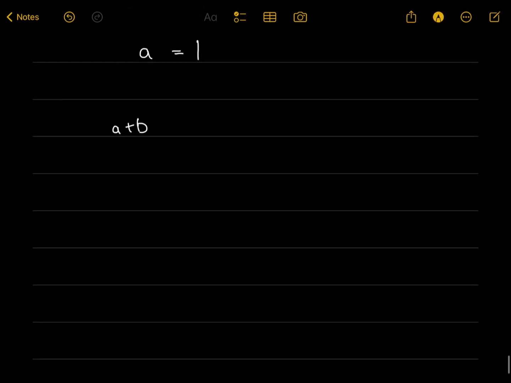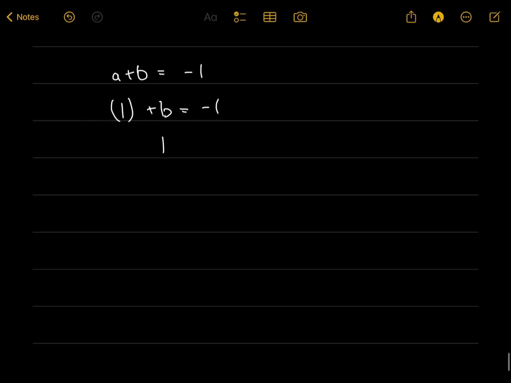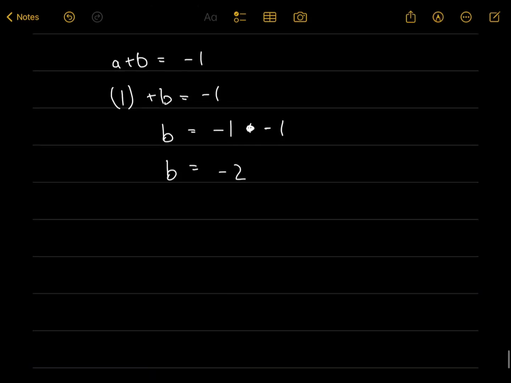We'd put 1 as the value of A, so 1 plus B is equal to minus 1. B is equal to minus 1 minus 1, because we subtract 1 from both sides, which is minus 2. So B is minus 2.